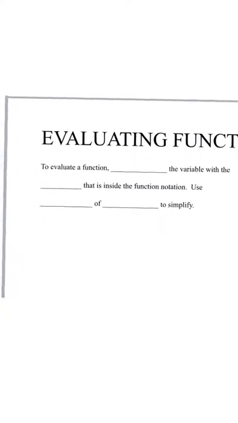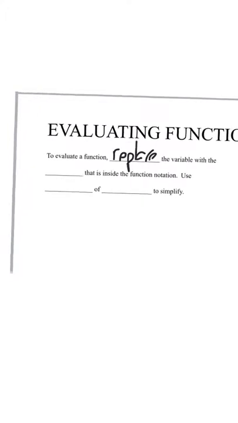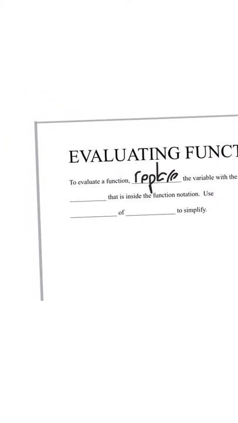Evaluating functions is very similar to evaluating expressions that we did at the beginning of the year. To evaluate a function, we're going to replace the variable with the number that is inside the function notation.